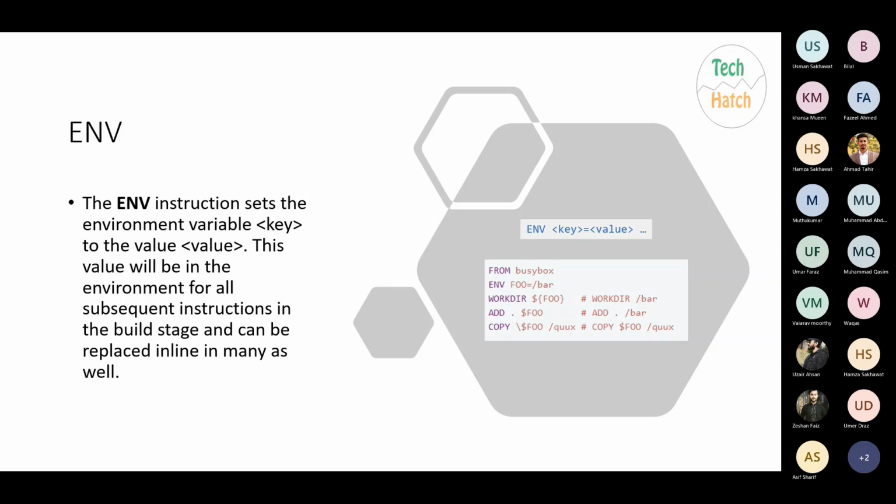You need to write ENV, and the key can be any identifier or any name you want your environment variable to have. Then we have a value, any type of value you need to save in your environment variable. In this example, we are saving slash bar backslash bar in R4, and that will be used all across the Dockerfile, and all the subsequent instructions will be using this particular environment variable.